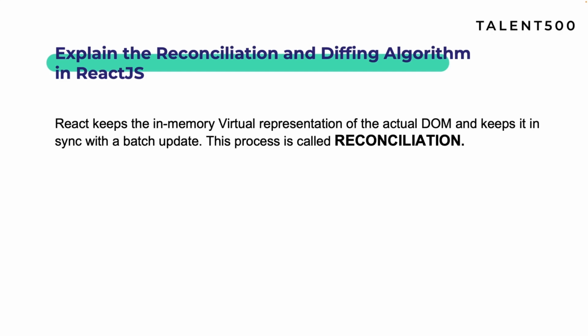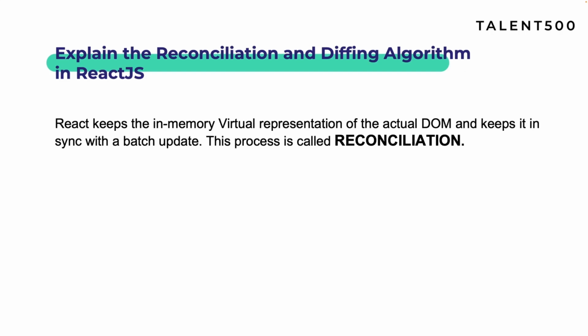What is batch update? We will look into that with an example. But first, try to understand this: there is an actual DOM and there is a virtual DOM. Whenever there are some changes happening to the virtual DOM, the same change has to be made in the actual DOM. This particular process is called reconciliation.